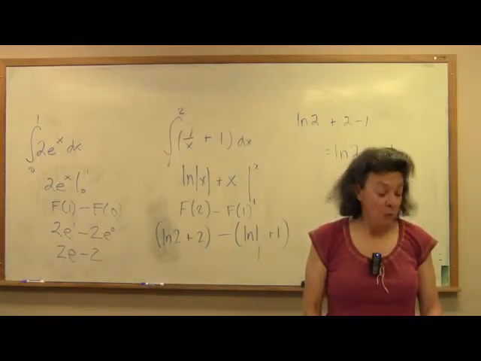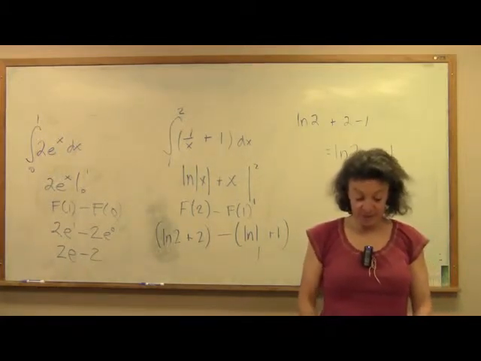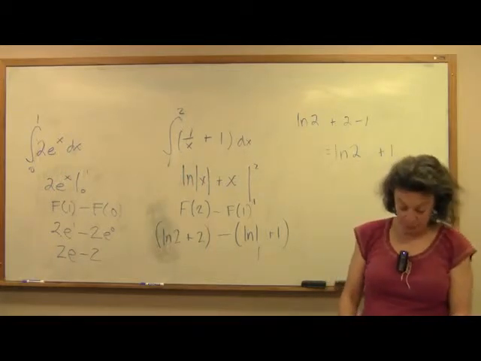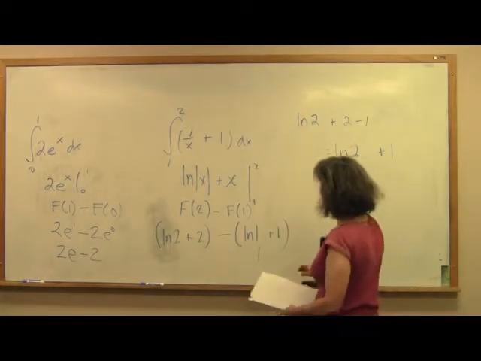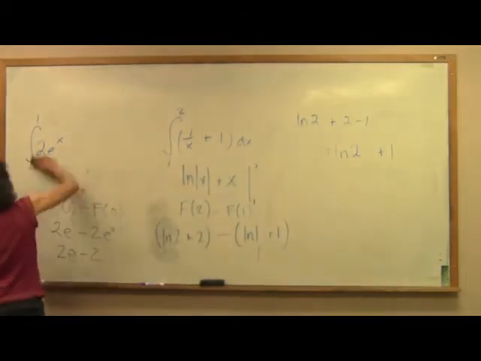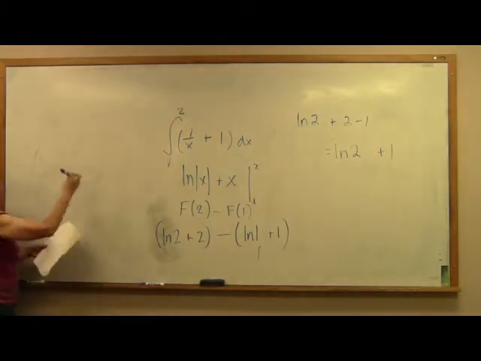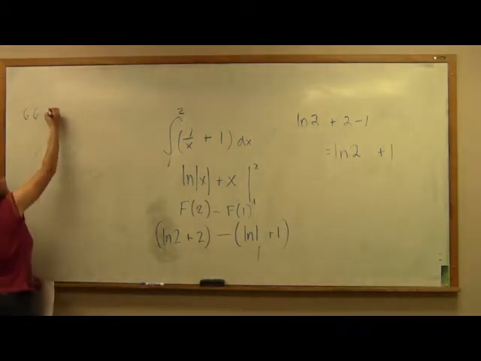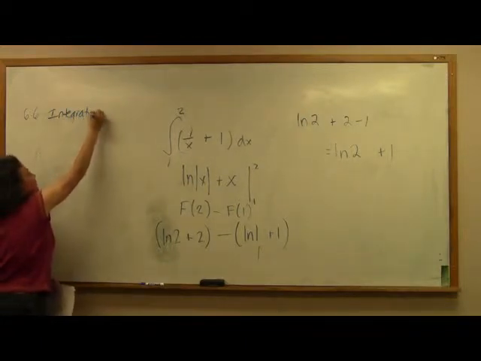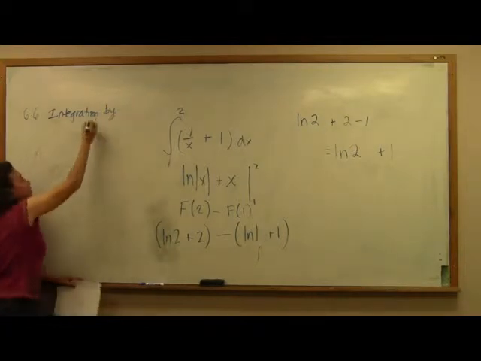Now, while we're at this, why don't we also talk about section 6.6? Because what I'm going to be doing now is combining some of our techniques. So, section 6.6 is the one other technique we're going to learn of computing antiderivatives.